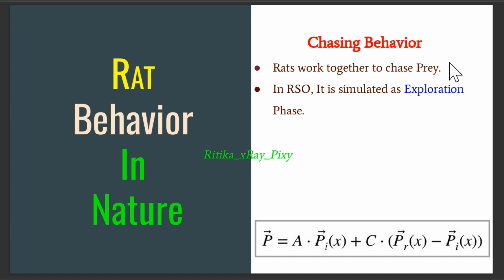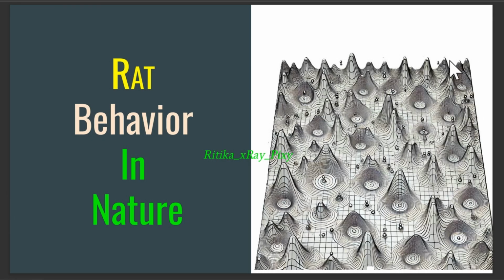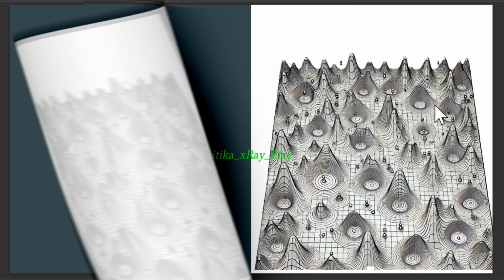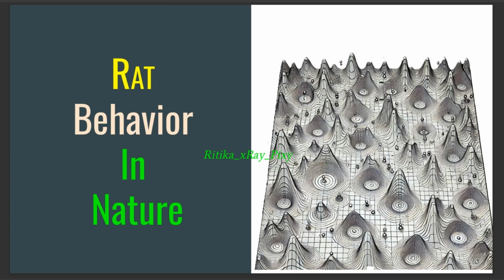Now we will discuss rats' chasing behavior. In nature, rats work together to chase prey and they match their moves and strategies in order to effectively corner or catch the target. In this algorithm, this behavior is simulated as the exploration phase. In metaheuristic algorithms, during exploration, all search agents explore the solution space and search for the best solution.